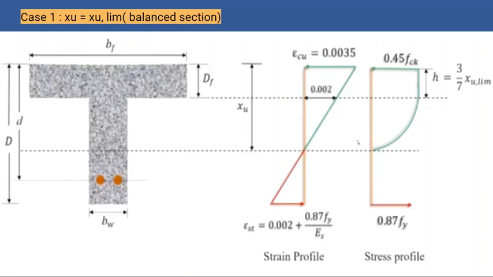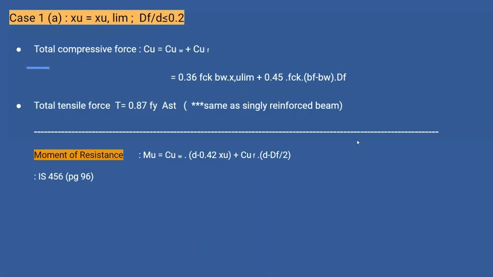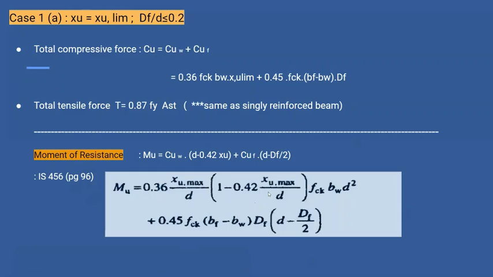These things are given in your IS code, so you don't have to worry about this. Page number 96 has it like this; I'm just giving you the direct picture of it. Basically, in one line, if you have this criteria, you have to calculate the MU based on this formula.